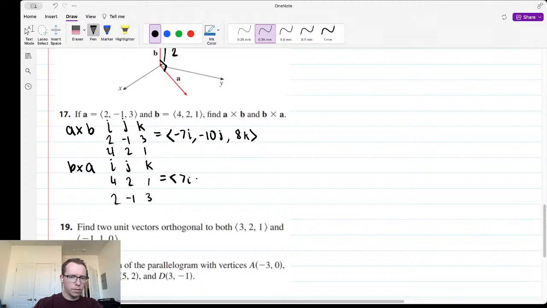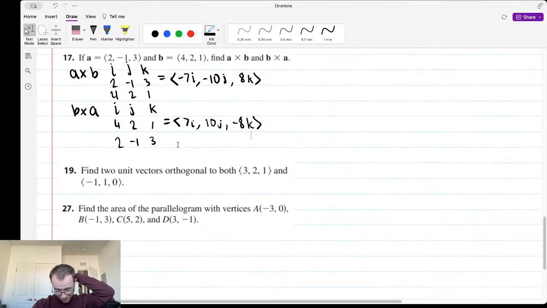I'm pretty sure it's going to be the exact same, just reverse signs. But I'm going to just double check. So we have j, which is 12 minus 2, so 10, yep. And then k, which is negative 4 minus negative 4, or minus 4, yeah. So negative 8. Okay. That was easy.